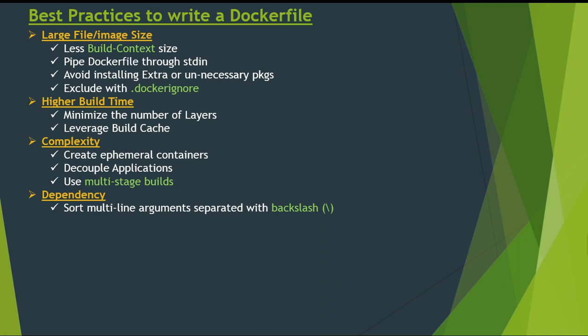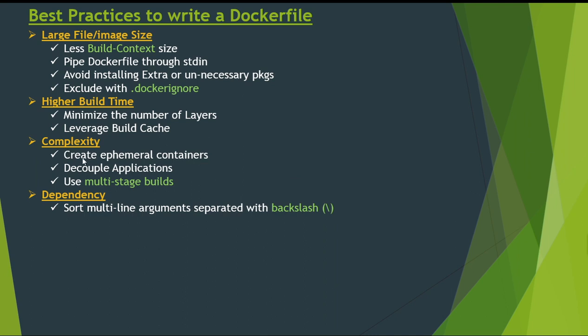We can reduce the build time by minimizing the number of layers in our Docker file, and also by leveraging build cache. So if I summarize all these things, our main goal is to make the smallest image size, with the fastest image build and the quickest container running.